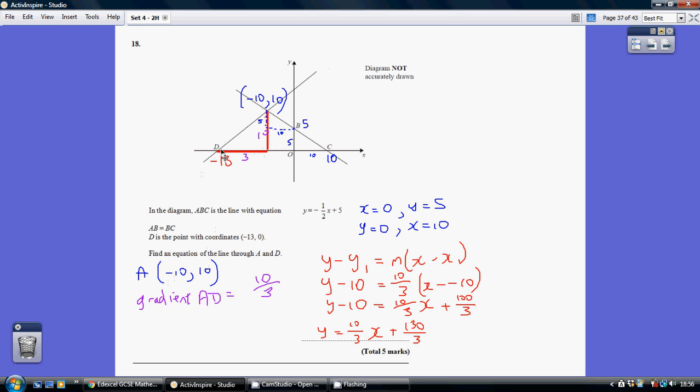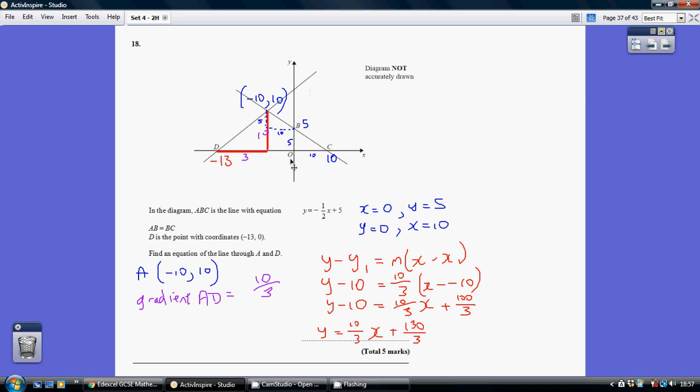So that is a length of 3. So my gradient, which is the y step, the amount up, divided by the x step, the amount across, is 10 over 3. The gradient is positive because we're going upward, left to right.